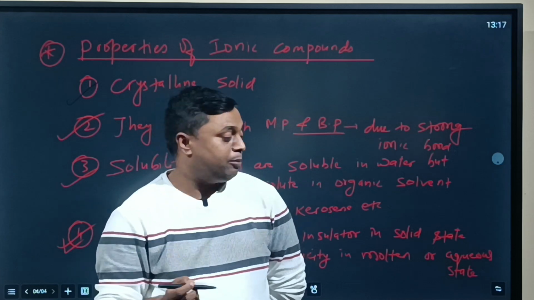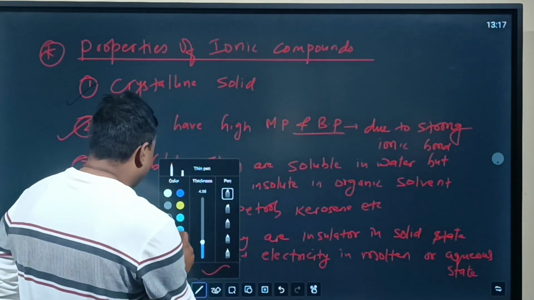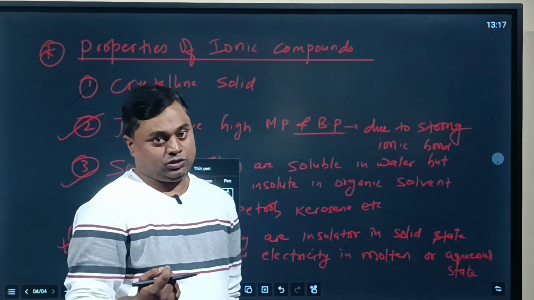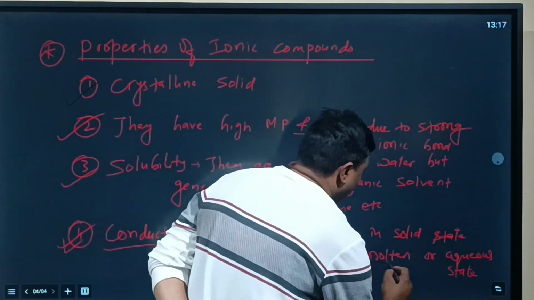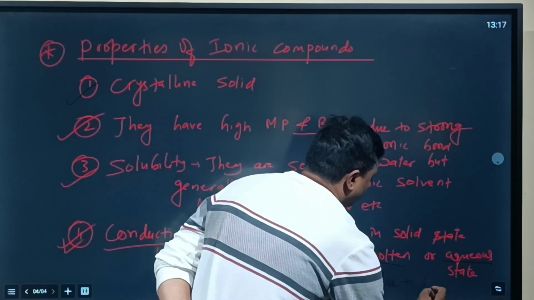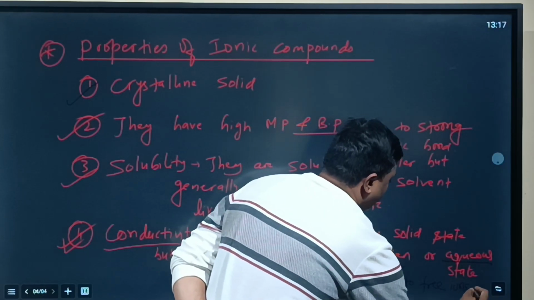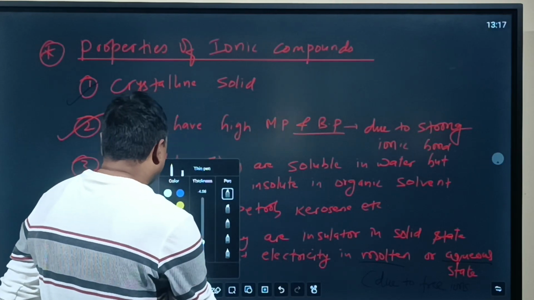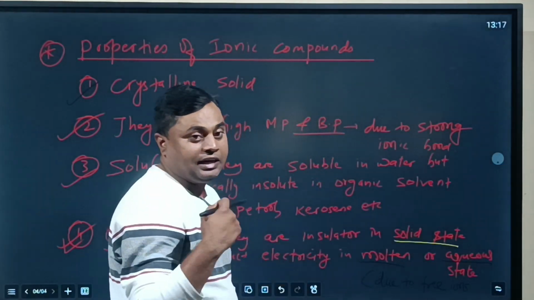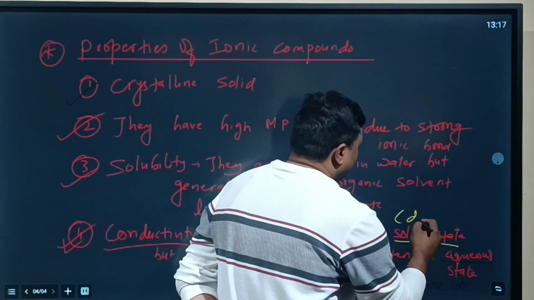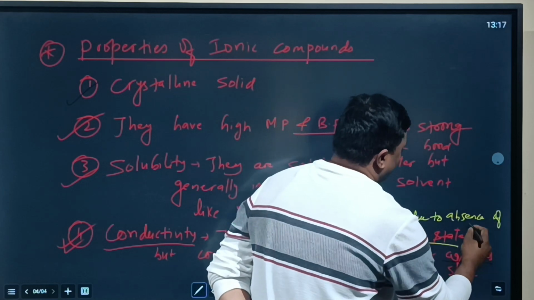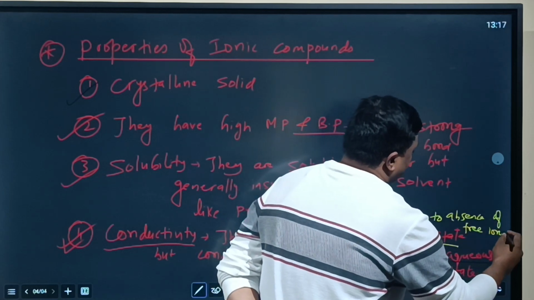They conduct electricity, children, because in the molten state and aqueous state they have free ions, due to free ions. If they ask why they do not conduct electricity in the solid state, in the solid state they do not conduct electricity due to absence of free ions.